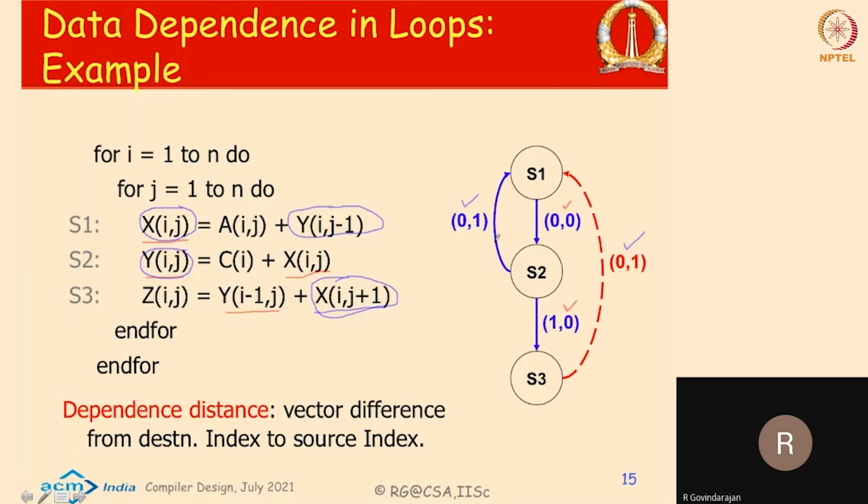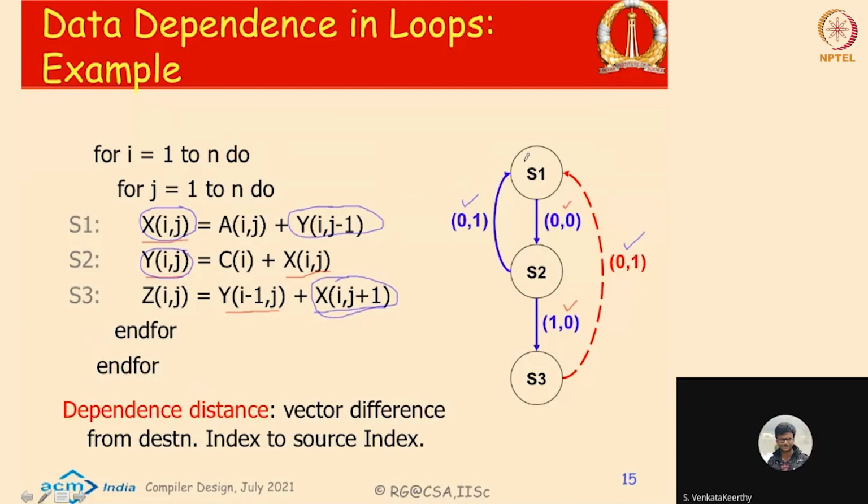Why do we say that this dependence is from S2 to S1 and not the other way around? You can see that it is going to produce a value in the (i, j)th iteration, and then in a subsequent iteration (i, j+1), which is lexicographically greater than (i, j). And that is why you write this as from S2 to S1.